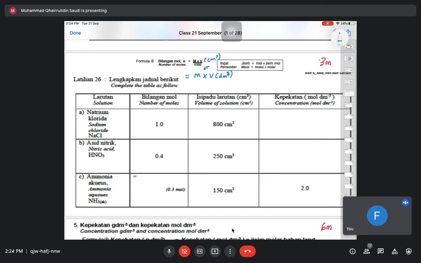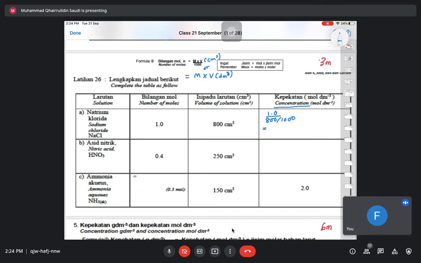Alright, so let's see. For A, the question asks you to find the concentration. So if you want the concentration, then you just take number of mole 1.0 divided by 800 over 1000.